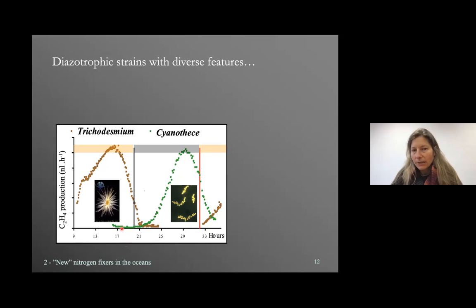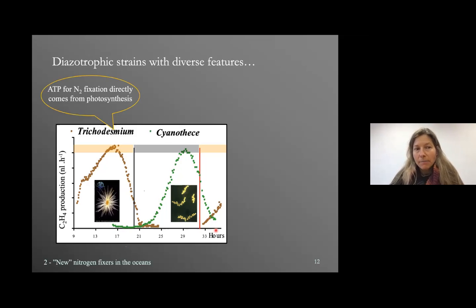In the unicellular ones, here you have the example of Cyanothece, it's the exact opposite. There is no nitrogen fixation in the light phase, then it kicks in during the dark, and then it decreases again and falls to 0 in the following light phase. So there is a major difference between those two, even though they are both diazotrophic cyanobacteria.